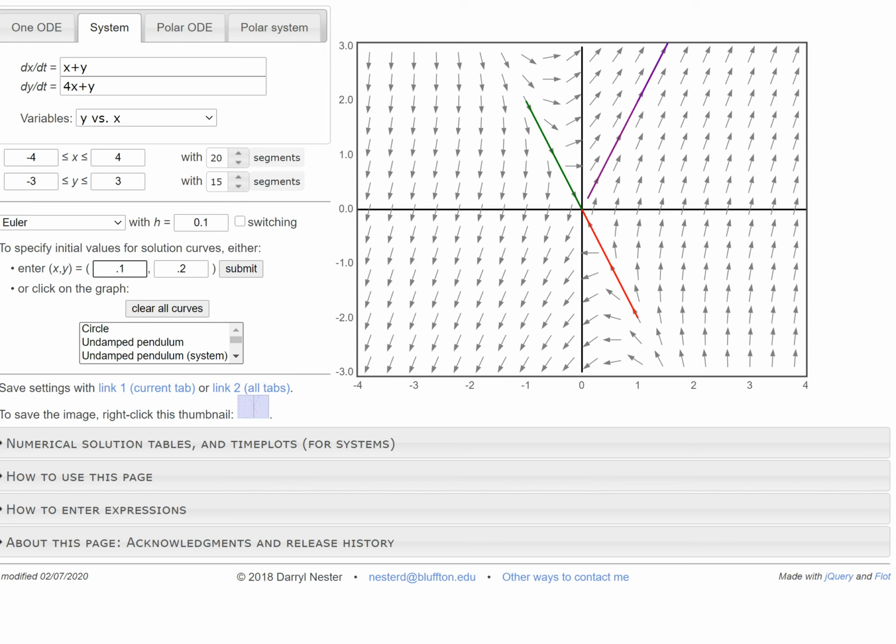Or -0.1 and -0.2 for the other side. What I'm trying to draw here are what our individual solutions looked like. And now if we wanted to show what some other trajectories would look like, I can just click around and it'll show me what other solution curves may have looked like.